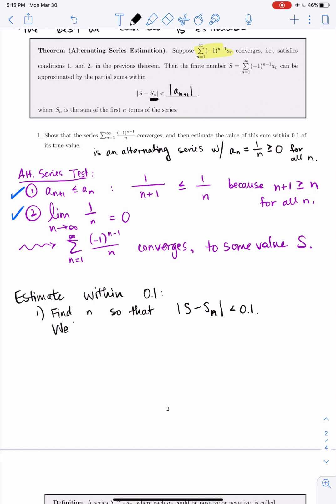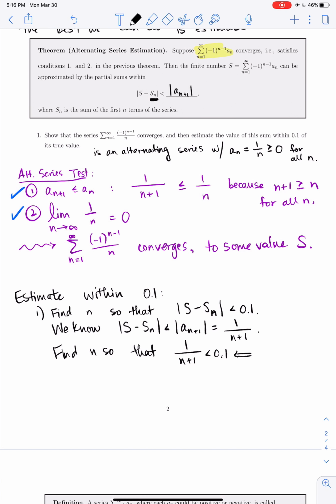Well, we know that s minus s sub n is less than the magnitude of our n plus first sequence term. And our n plus first sequence term is 1 over n plus 1. So it suffices to find n so that 1 over n plus 1 is smaller than the error that you want. Well, 1 over n plus 1 is less than 0.1 so long as n is bigger than or equal to 10. And you can actually solve that inequality just by cross multiplying if you'd like.